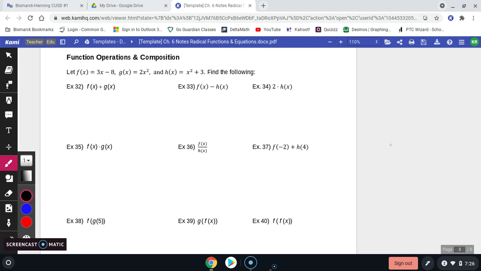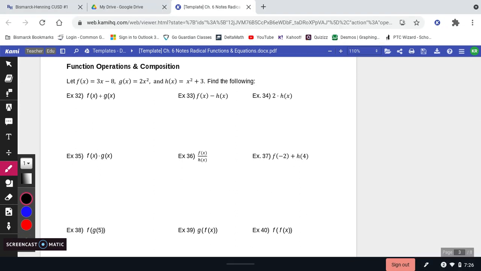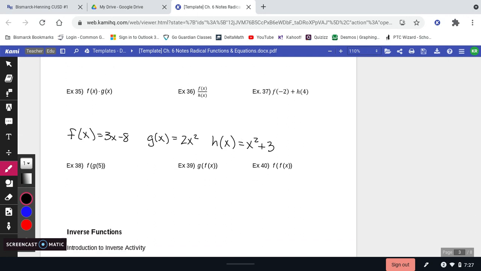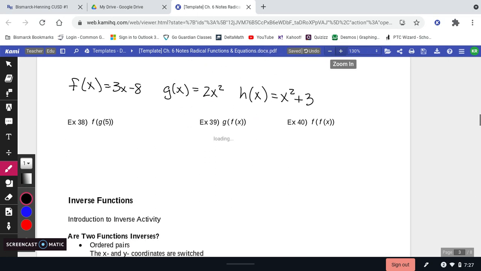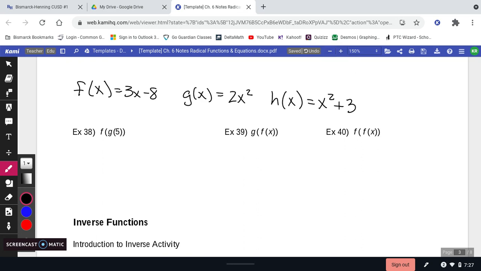So let's see, I'm going to jot down our functions that we're using down here so that we can see them. So we've got 3 different functions we've been using. The first one is function f, then we have function g, and function h. Okay, let me just refresh your memory.